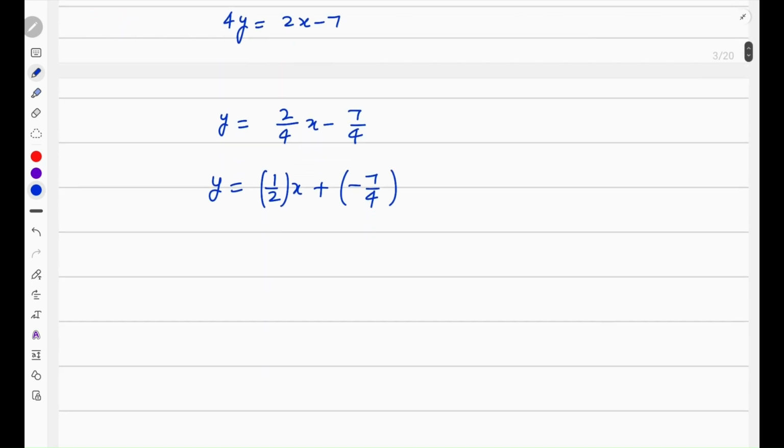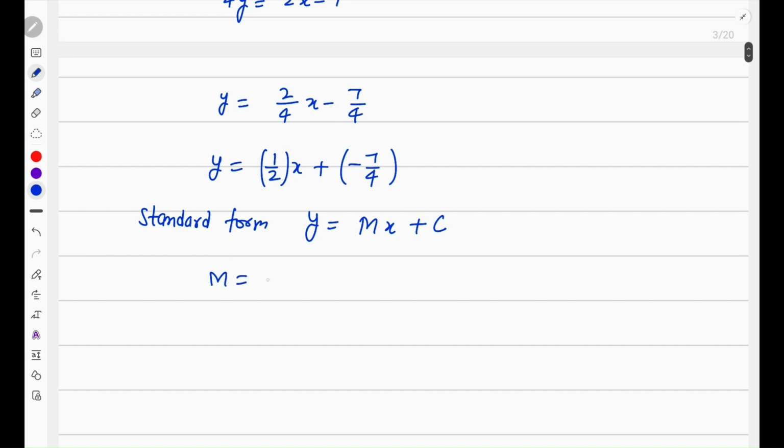So if we compare it with the standard form y equal to mx plus c, where m equal to half is the slope and c is equal to minus 7 by 4 is the y-intercept.